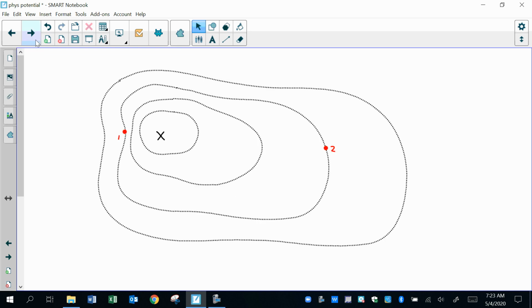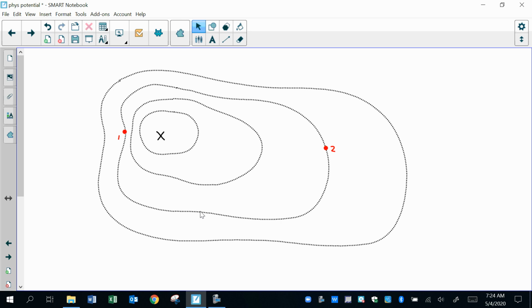This right here could be a picture that represents a tropical island somewhere in the ocean. This right here would represent sea level. This right here is showing me some kind of a sea mountain with the X representing the summit of that mountain. That's typically how you would see that on a contour map. And so what I find is that all these dotted lines are showing me locations of the same height.